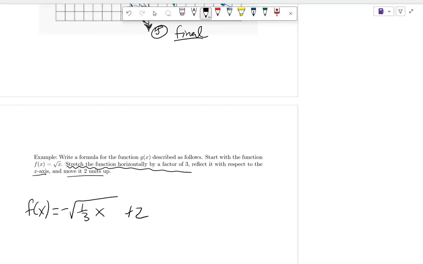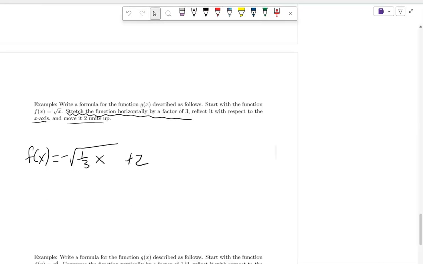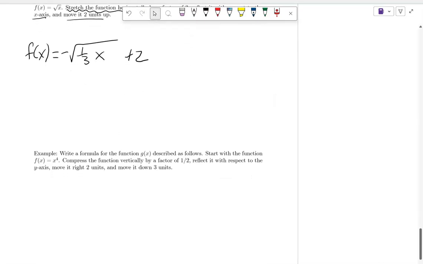Let's do this last one. Start with x to the 4th. Compress vertically. Reflect at the y-axis. Move right 2 and down 3.